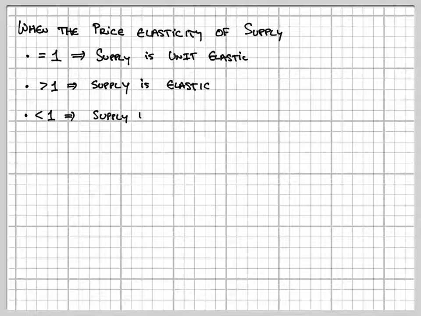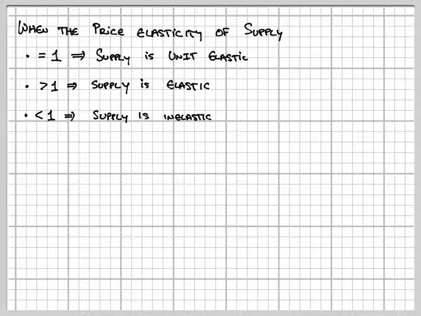When it's less than 1, supply is inelastic. So a 1% increase in the price of the good leads to a less than 1% increase in quantity supplied. So that's where supply is relatively unresponsive to changes in price.